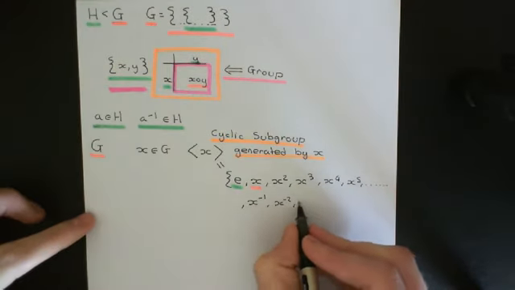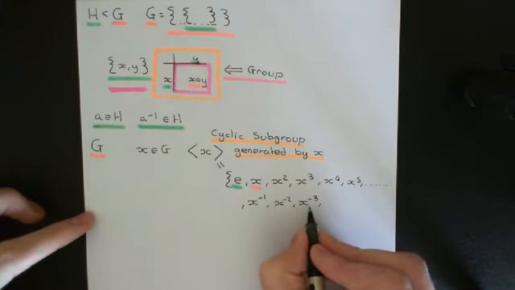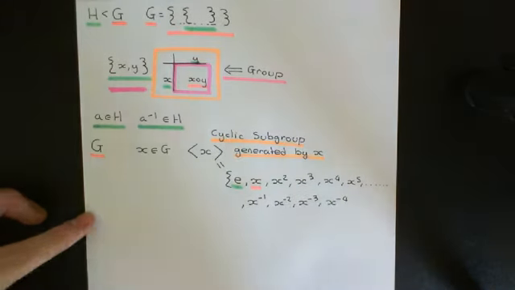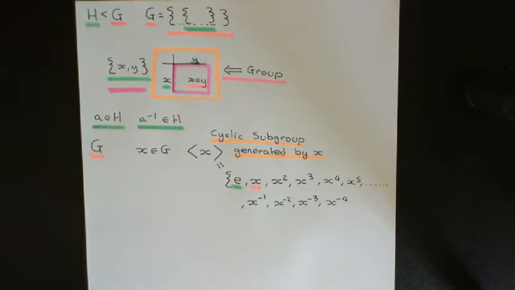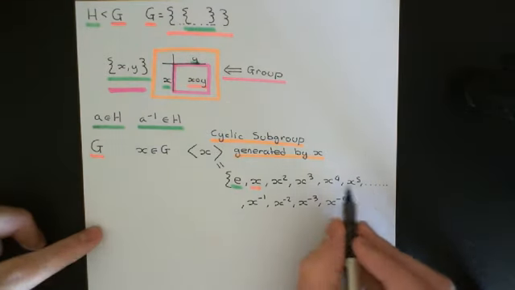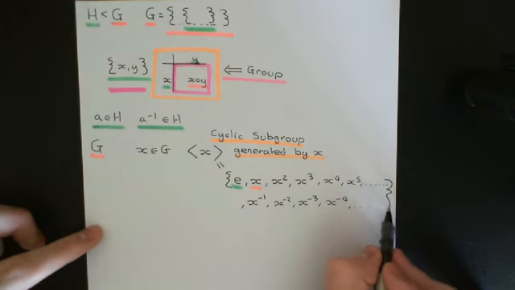We can go on and put x to the power of -3, which means x inverse composed with x inverse composed with x inverse, and then x to the power of -4, and so on. So we put in all powers of x and all powers of x inverse.